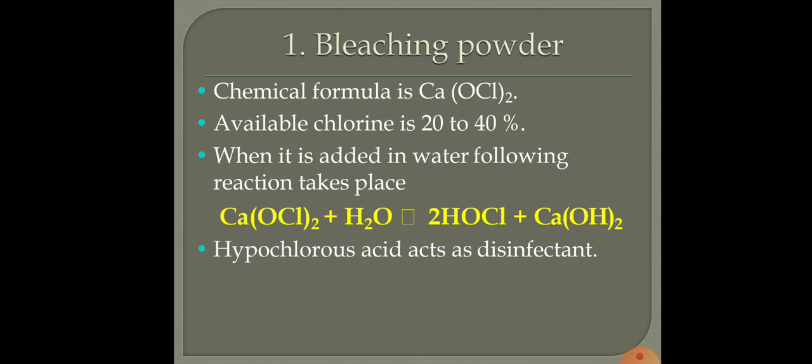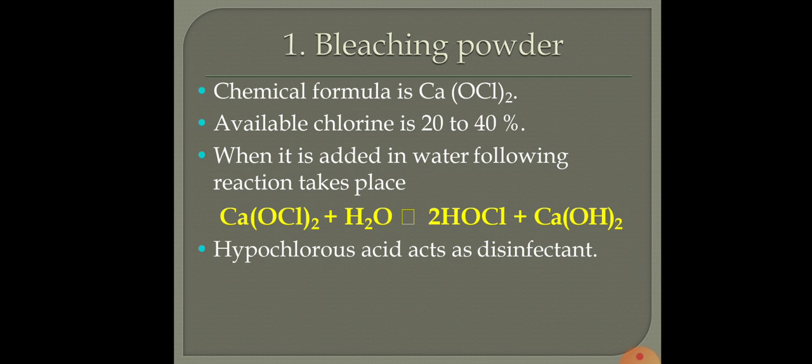The chemical formula for bleaching powder is CaOCl2. Bleaching powder, also called calcium hypochlorite, CaOCl2, is a chlorinated lime which contains 33 1/3 percent of available chlorine when it is freshly made.